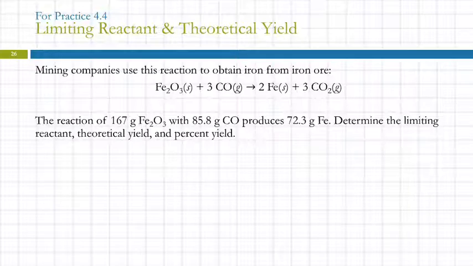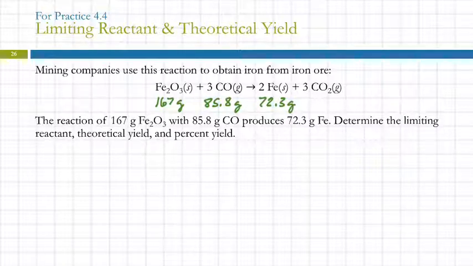Let's take those numbers and write them under the equation. So Fe2O3, 167 grams. And carbon monoxide, 85.8 grams. And under iron, 72.3 grams. So those are all the numbers.